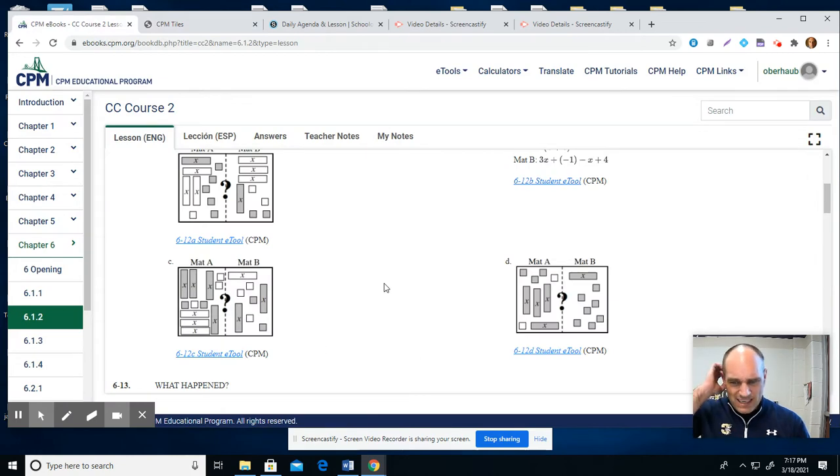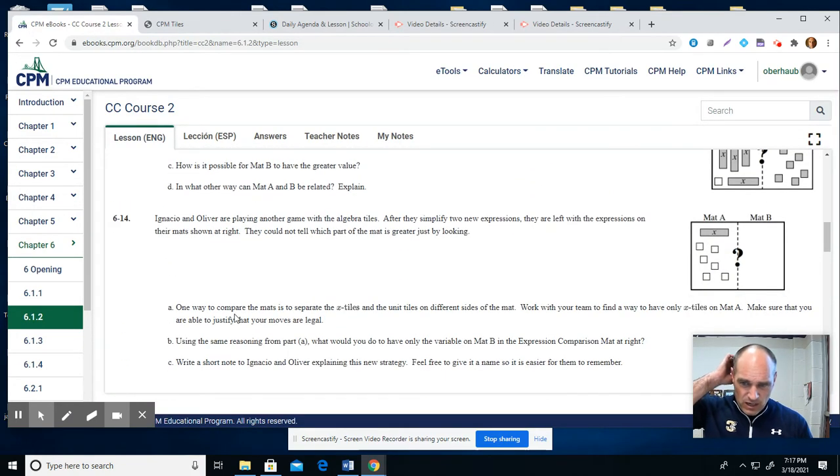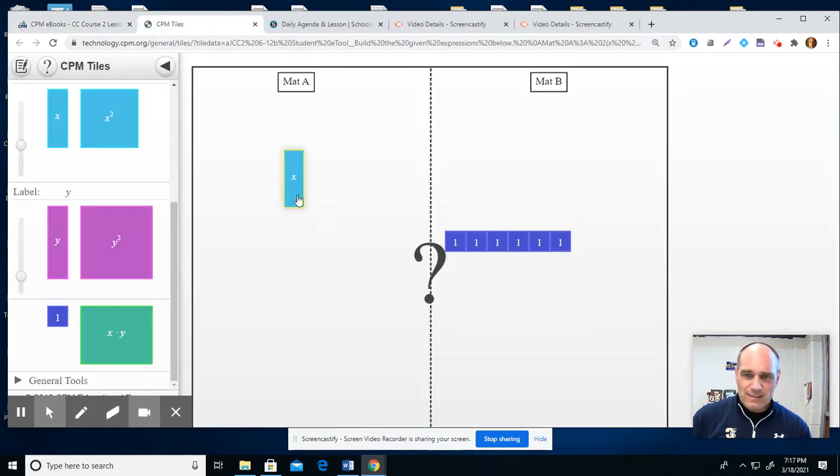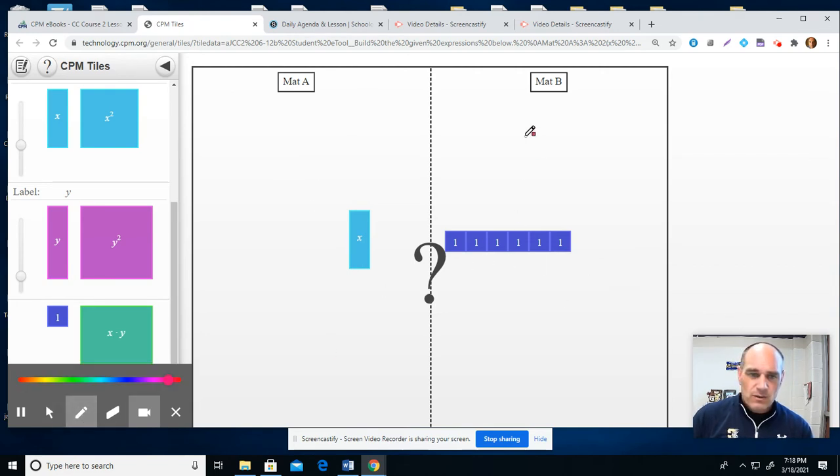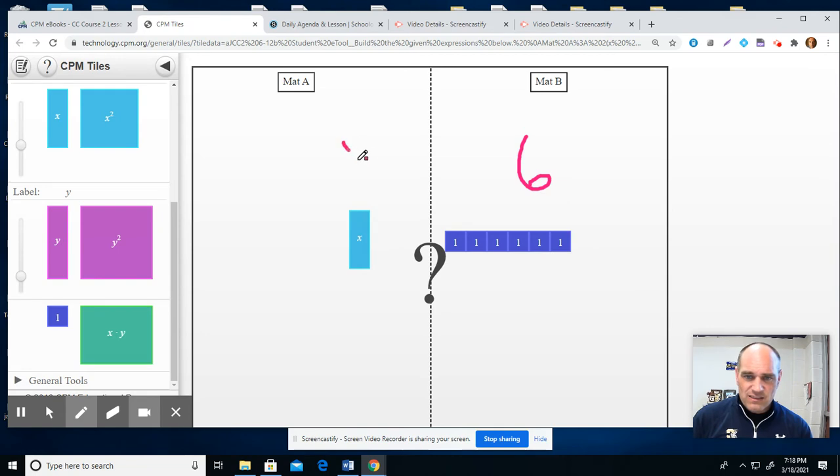Let's see what the question asks. One way to compare is to get X by itself, so we did that. Part B, so we did that. So if I go back to this, here's this idea: which side is larger? Well, it depends once again. So this is worth 6, this is worth X. So depending on what I put in for X makes a difference on which side is bigger.